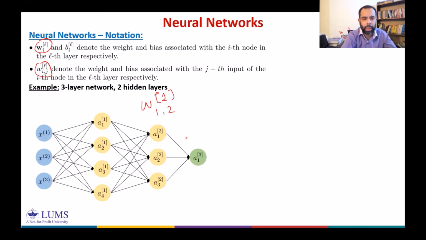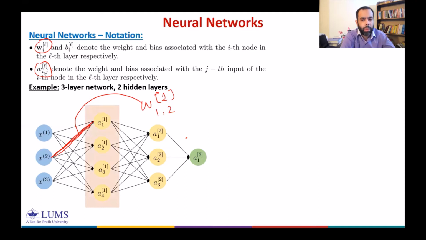The first subscript indicates first node. Second subscript indicates the second input, right? So w_{1,2} is the weight for this input coming. Right? I hope this is clear.